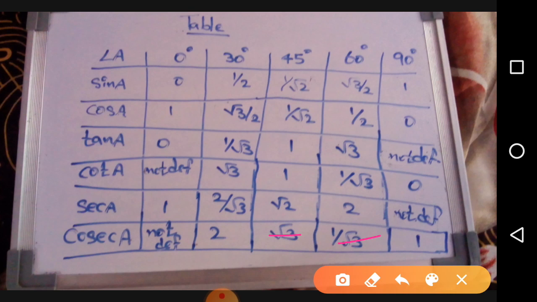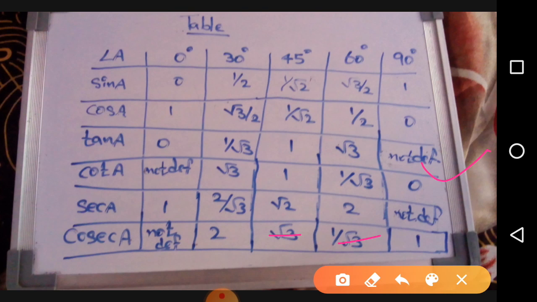Next is tan A. So tan 0 is 0, tan 30, as we have seen, is 1 by root 3, and tan 45 is 1. Whereas tan 60 is root 3, and tan 90 is not defined. And if you go through cot A, cot A is the inverse of tan, that is 1 by 0 is not defined or undefined, or even in some books you will see infinity, in CBSE.